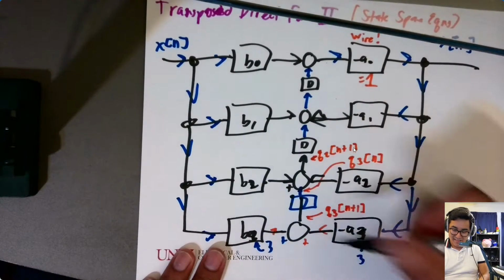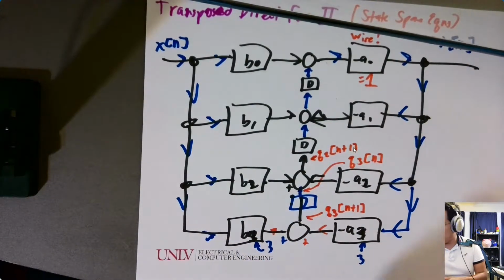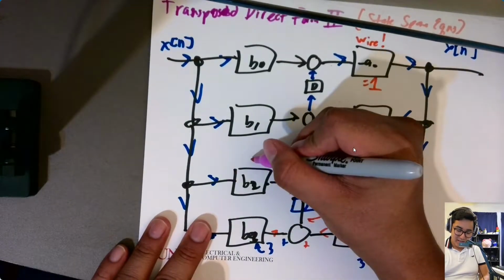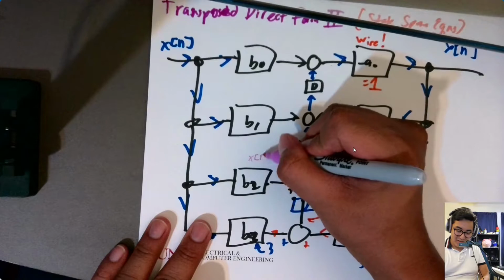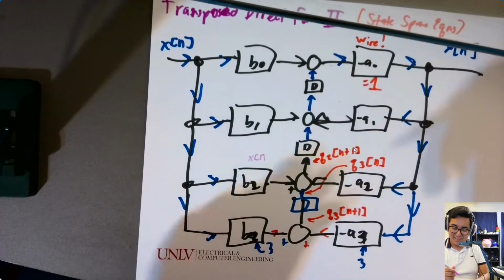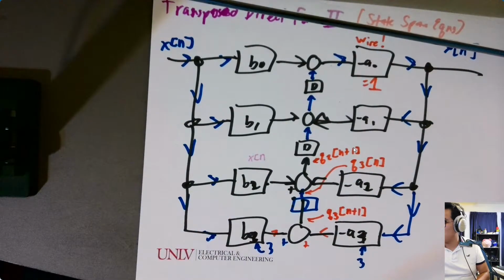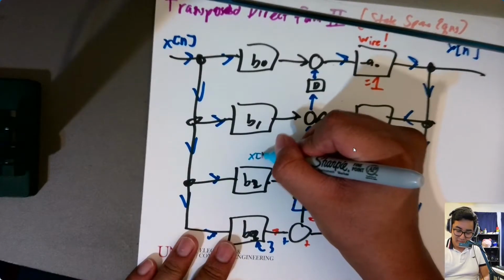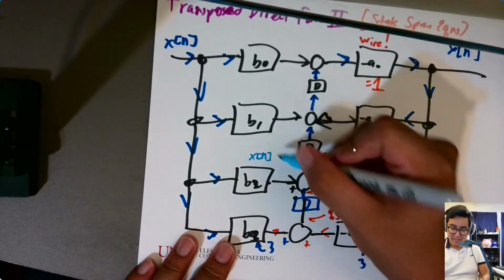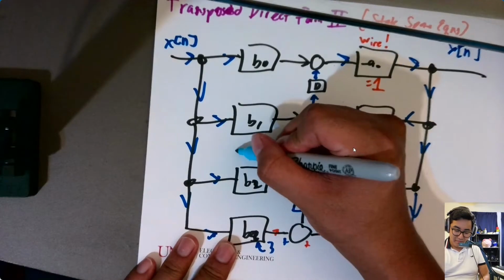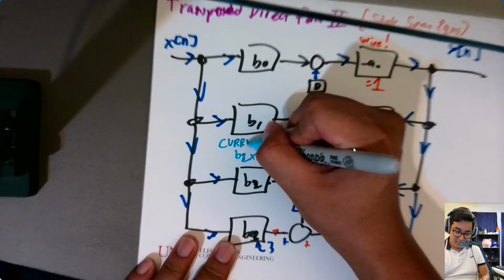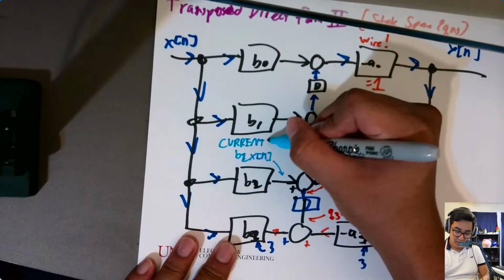Current, quick purple marker. So let's type x of n. Can you see that? No, it's a bad marker. There we go. X of n, b of 2 is a current input.